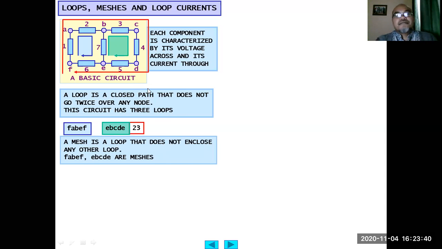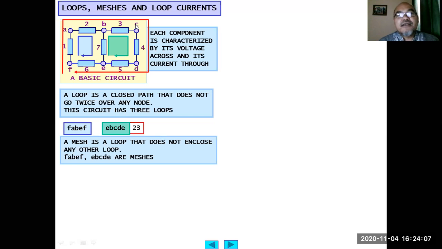So a mesh is a specific kind of loop which does not enclose any other loop. So in this particular case, F, A, B, E, F and E, B, C, D, E can be called meshes. So you can call loop analysis also mesh analysis if we do not use any loop which encloses some smaller loop inside, right?